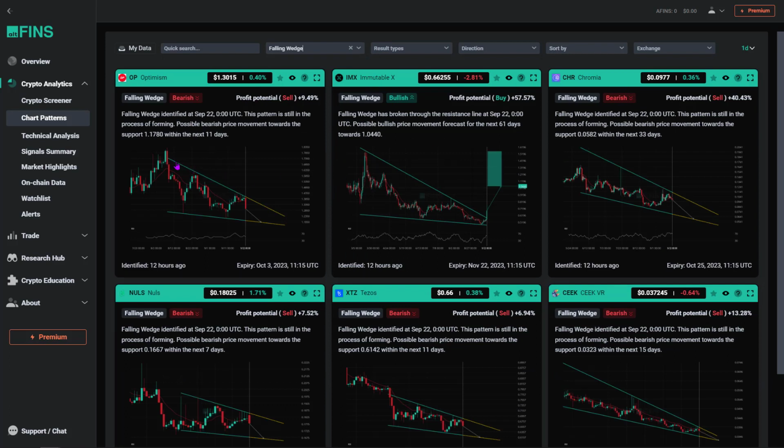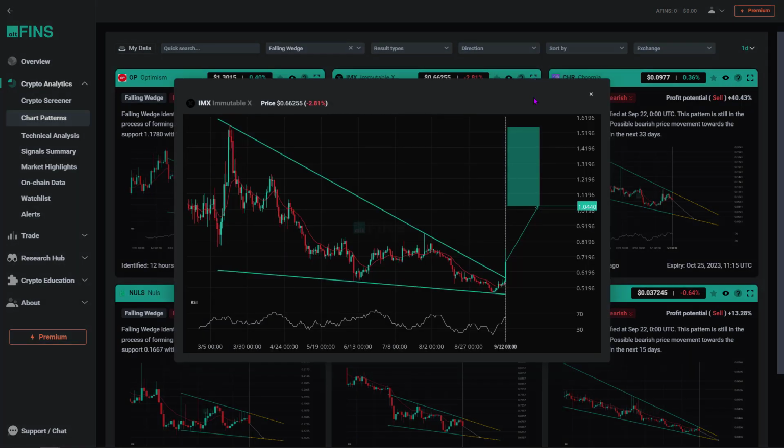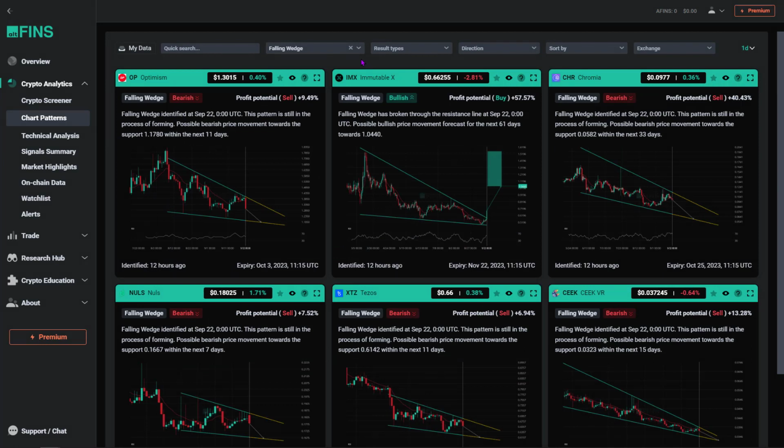It's also a trend reversal pattern. Right here we have Immutable X. So what that means, again, is the price is basically in a downtrend, and when it breaks out, it could signal a bullish trend reversal, basically the beginning of an uptrend. The channel down patterns typically have a higher success rate than falling wedge patterns, even though I personally really like falling wedge patterns.